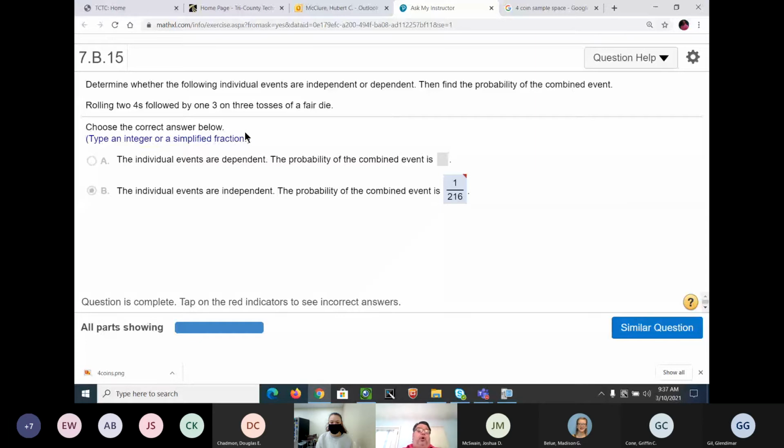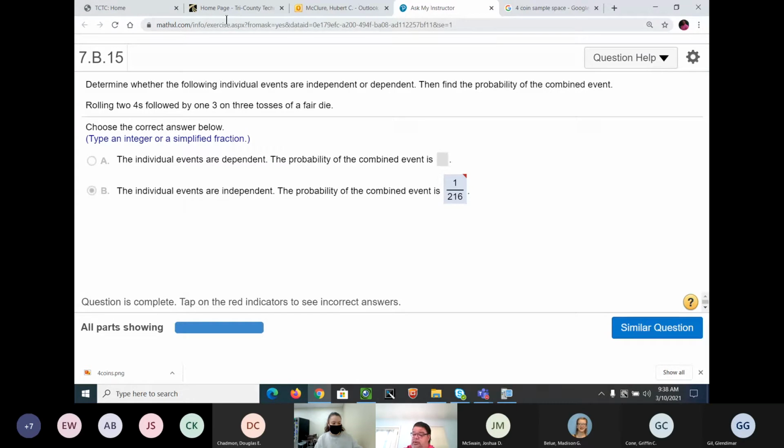Okay, rolling 4. This one is independent because you roll a die, you can't go back and replace it. You can't replace a 4 with a 3 on the side of a die. The die is cast. That's where that comes from. You can't change the numbers on it. That's why it's independent.